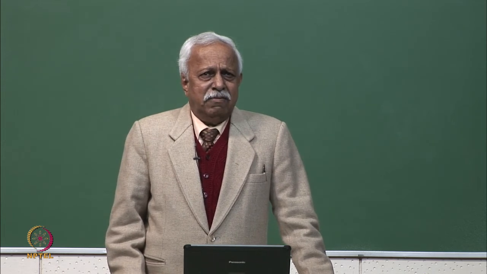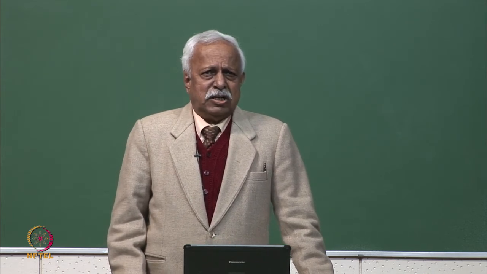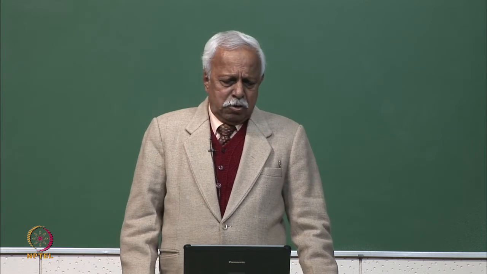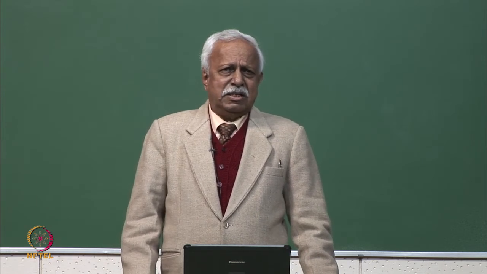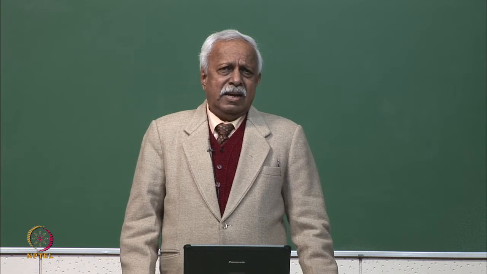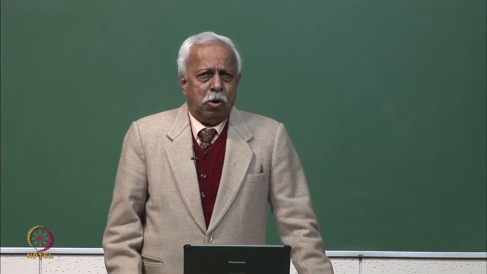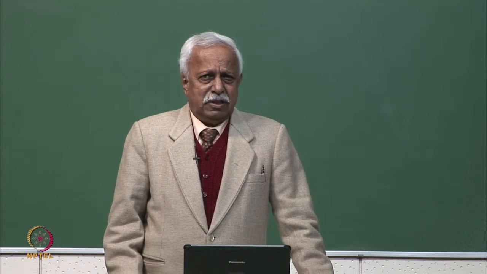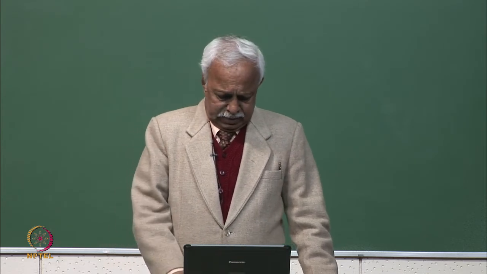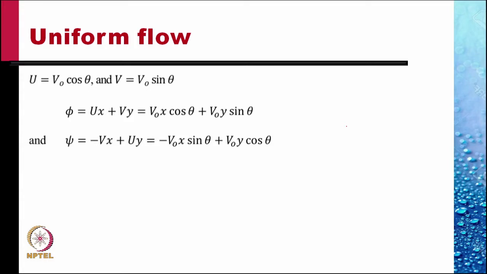so that the velocity in the x direction, Vx, is v naught cosine theta, and we give it a symbol capital U, and the velocity Vy in the y direction is v naught sine theta, which is given a symbol V. Then phi, the velocity potential, is simply capital Ux plus capital Vy, that is v naught x cosine theta plus v naught y sine theta.